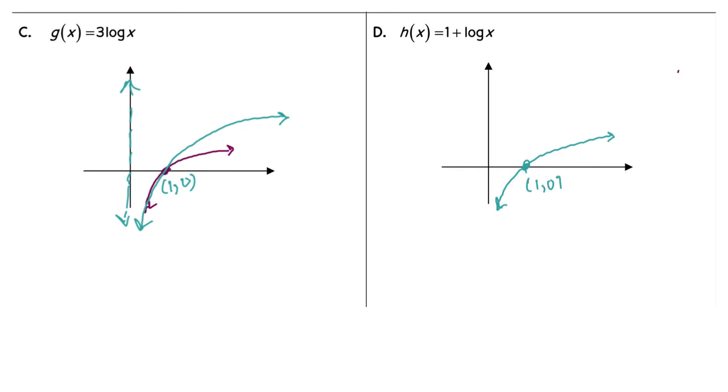So we're going to pick everything up and move it up 1. So the logarithm is going to look a little bit different. It's going to be all moved up 1. And our vertical asymptote, though, is still going to stay the same.